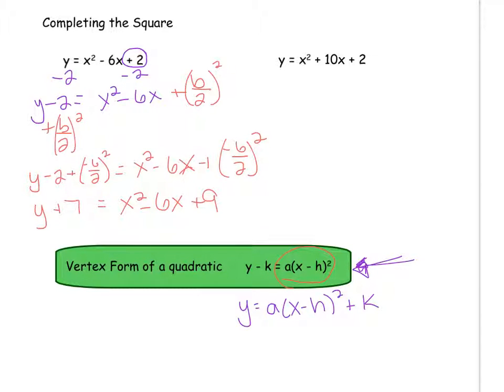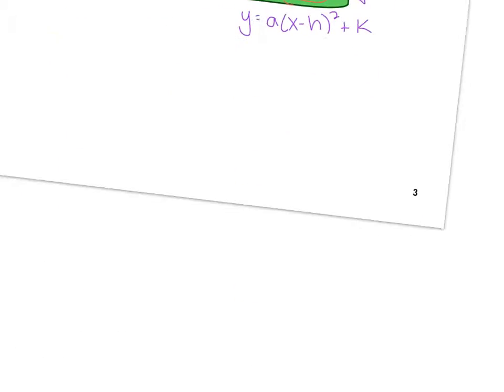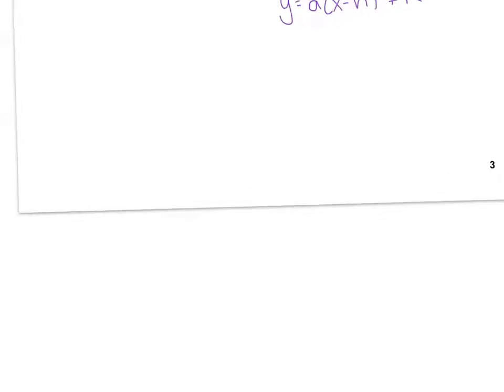So what I need to do is factor that x squared minus 6x plus 9. Let me talk quickly about a perfect square trinomial. A perfect square trinomial is a trinomial that results from squaring a binomial. (x plus y) squared would be x squared plus 2xy plus y squared.